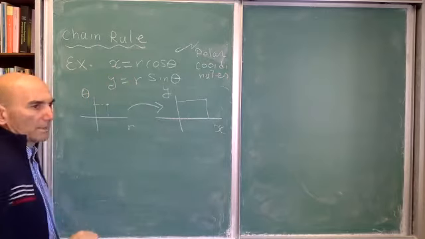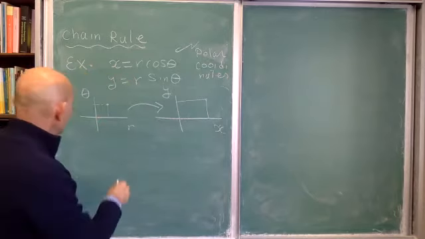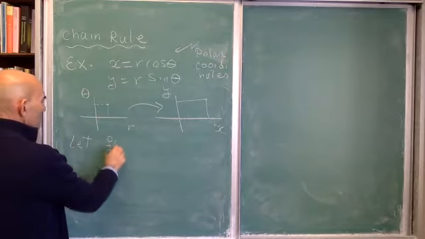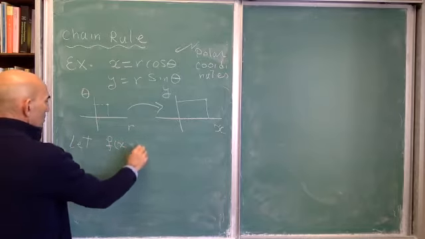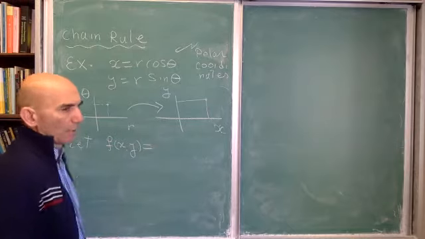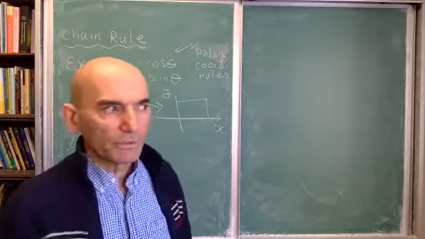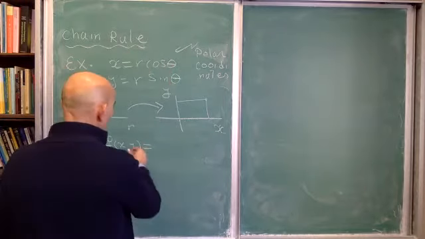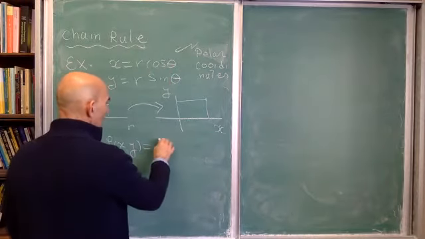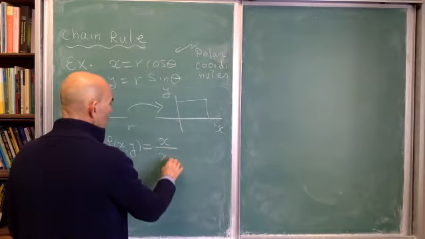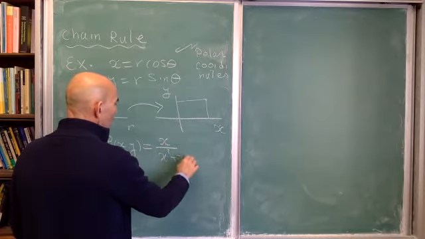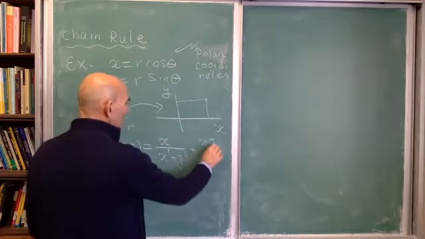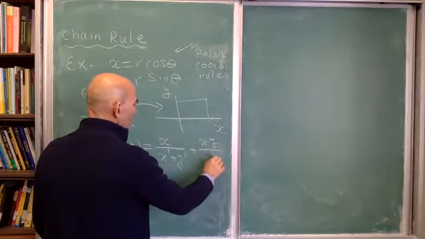So now let's assume you have a function of two variables. These variables are x and y, and the function is of this form. For example, this function is given by x over x squared plus y squared plus xy over x squared plus y squared.